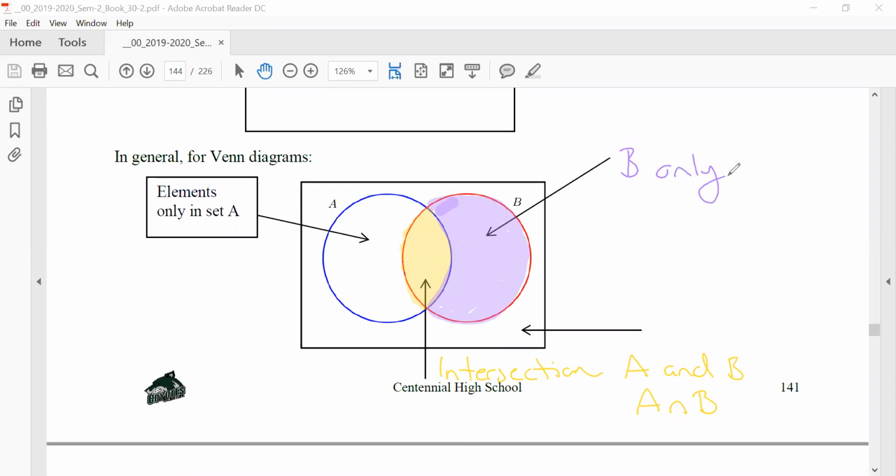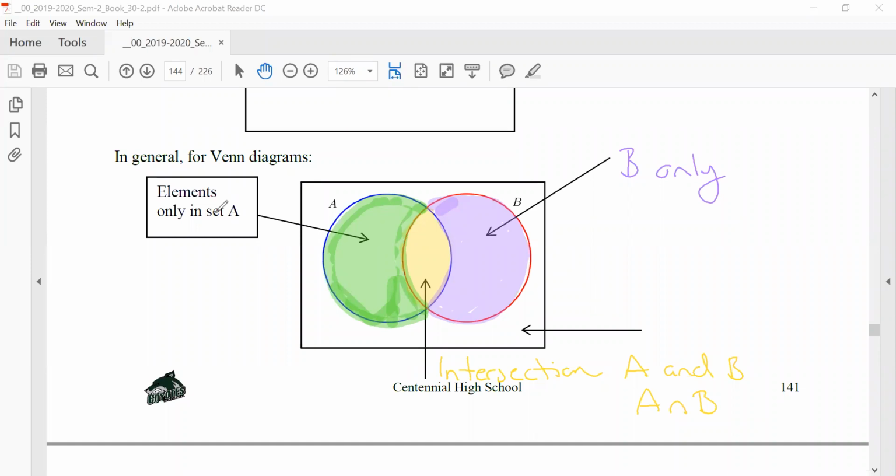There's no overlap with A, B only. And on the other side here, let's go for pretty green. Right in this kind of moon-looking shape right here, that is elements in A only. So these are the guys that are only divisible by 3.